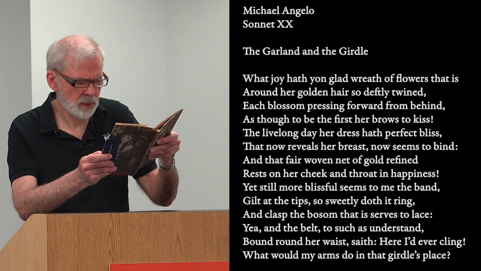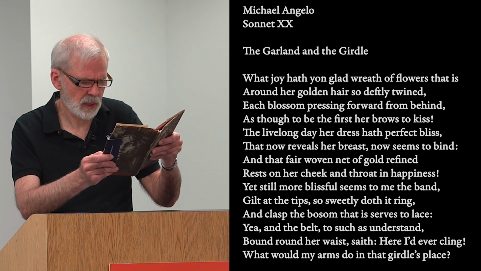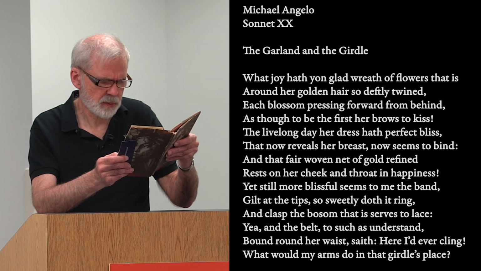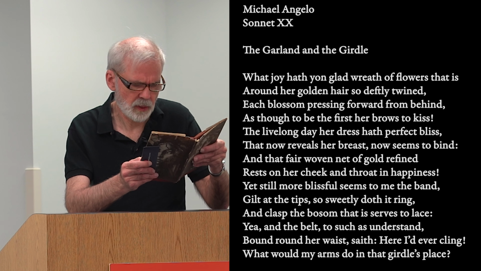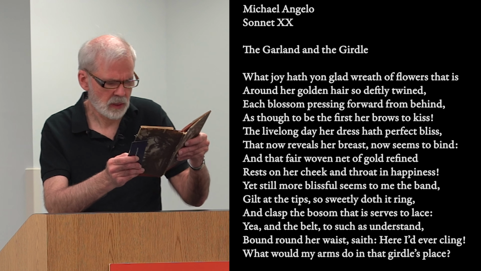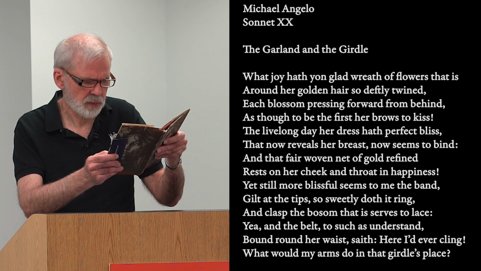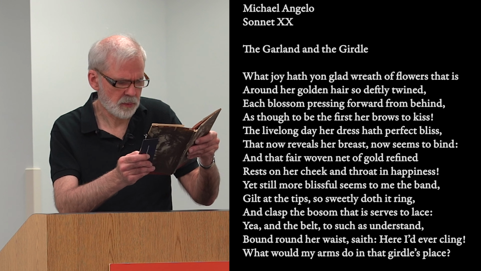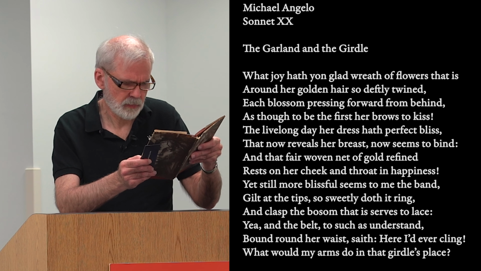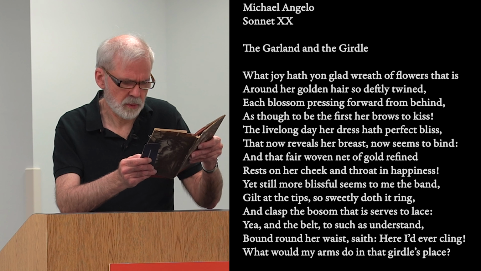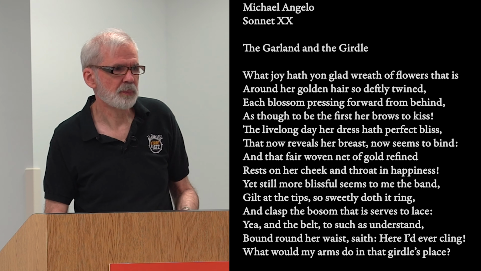Yet still more blissful seems to me the band, gilt at the tips, so sweetly doth it ring, and clasp the bosom that it serves to lace. Yea, and the belt, to such as understand, bound round her waist, saith, Here I'd ever cling. What would my arms do in that girdle's place?